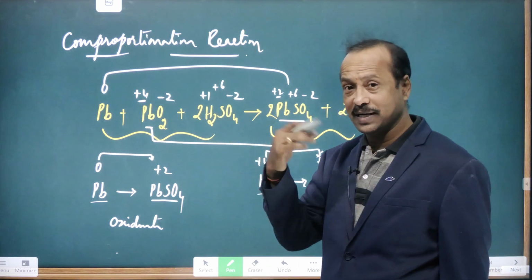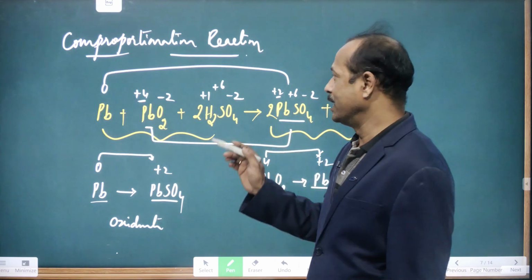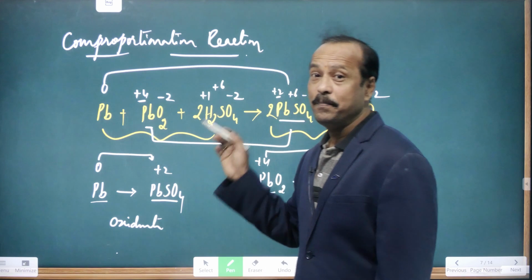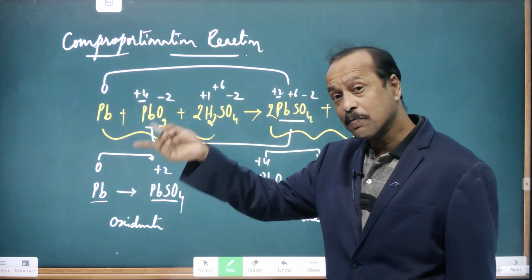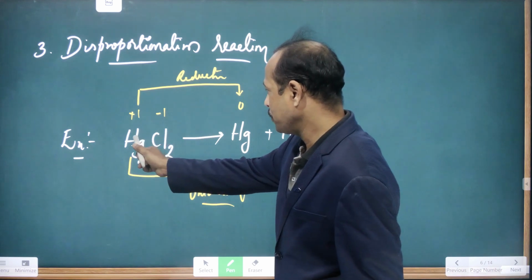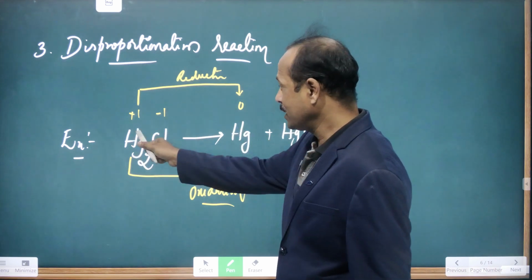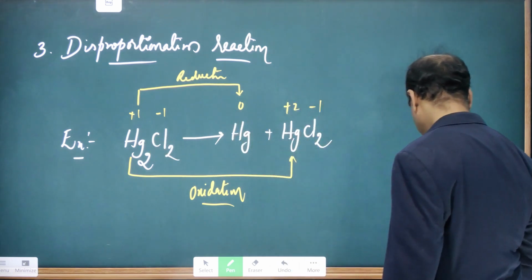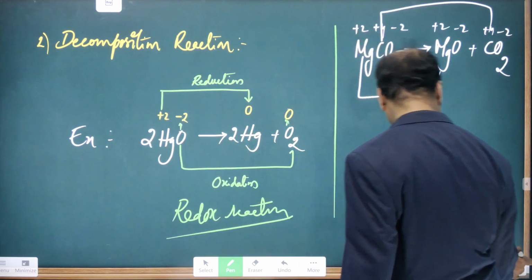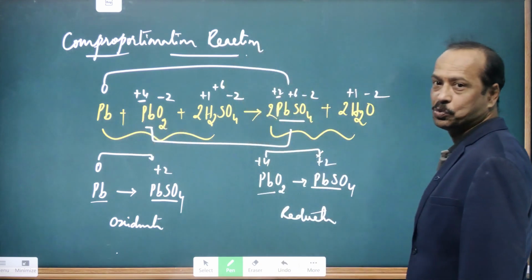In the reactants, two different leads are there, but in the products only one lead is there. So here this is called proportionation. In the disproportionation, what I said, the reactant side has 1 mercury, but the product side has 2 mercuries. Reactant is 1, products are 2. But here reactants are 2, but product is 1.